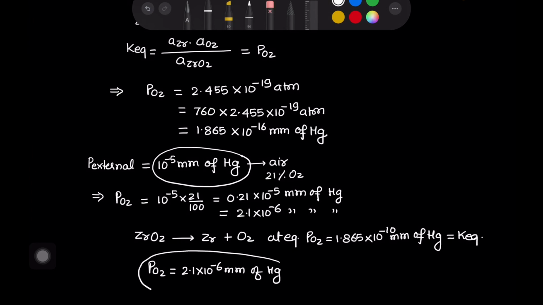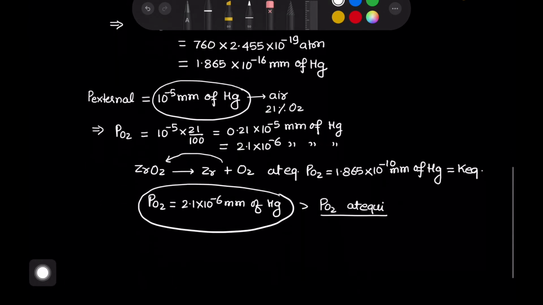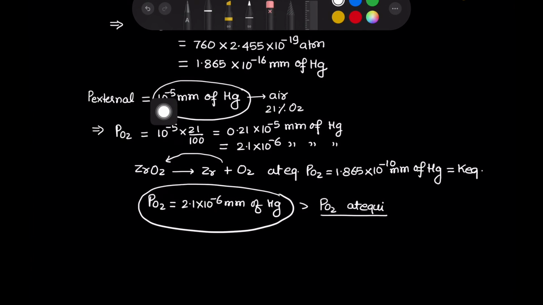So this partial pressure of oxygen is greater than the partial pressure of oxygen at equilibrium. So we can say the reaction has a tendency to go in the backward direction. Whenever we apply the vacuum of 10 raised to minus 5 mm of Hg, the reaction will not go in the forward direction because the partial pressure in that vacuum is far greater than the partial pressure of oxygen at equilibrium.